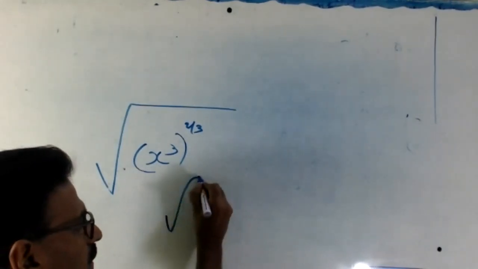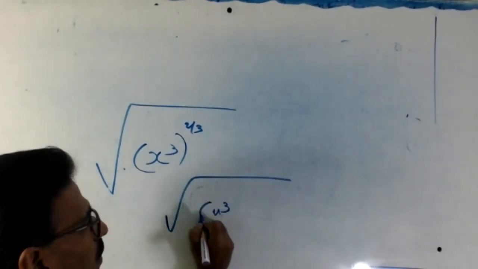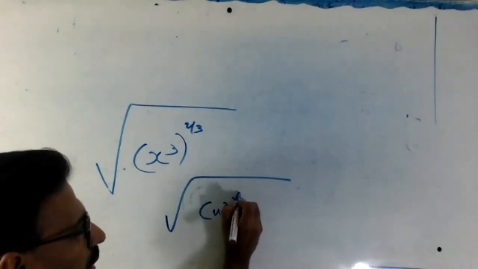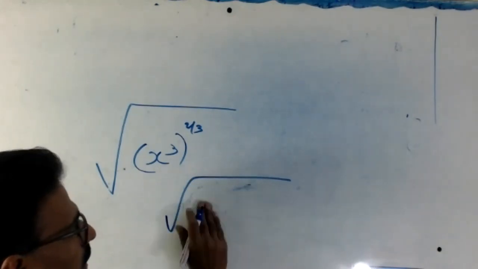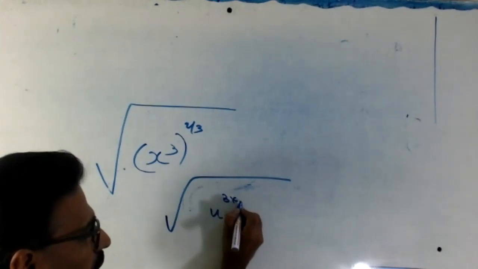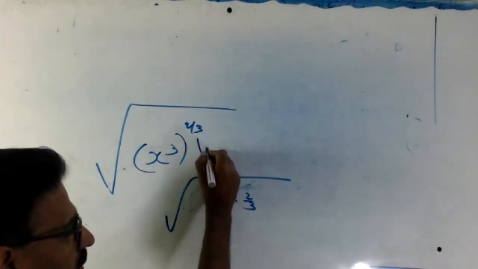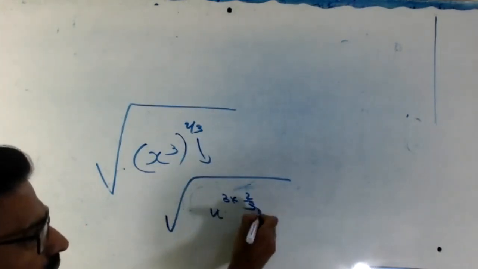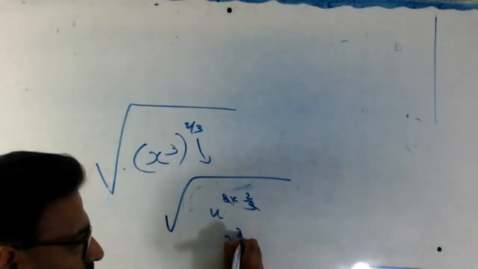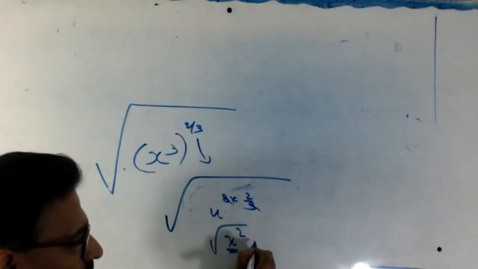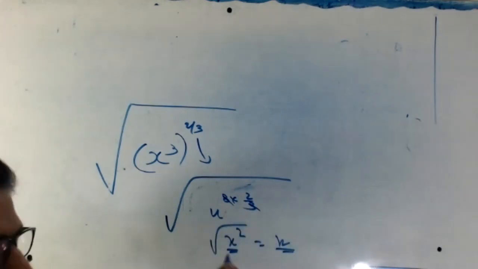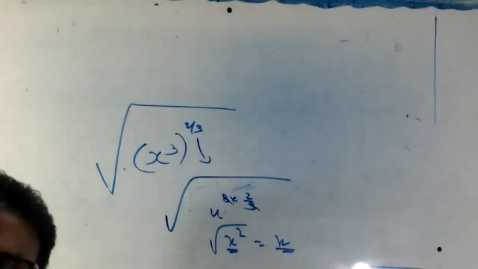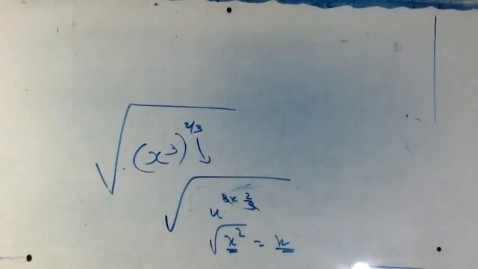Don't change the root: x cube whole raised to 2 by 3 gives x raised to 3 into 2 by 3, so x square. Root of x square is x. Clear now? Or you can write x square whole raised to 1 by 2. The 2 cancels, x.